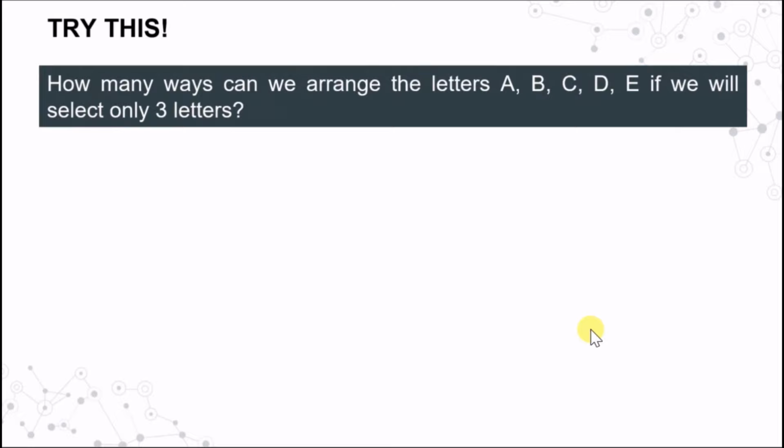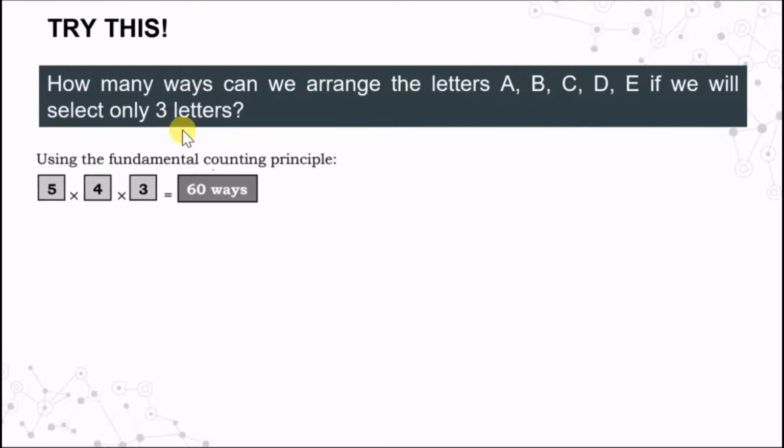So let us consider this problem, because this will be the reason for us to derive the formula behind ordinary permutation. A while ago, we were taking all the objects all at a time. But at this point, we will be taking only selected objects from the total objects. So how can we arrange the letters A, B, C, D, E if we select only 3 letters at a time?